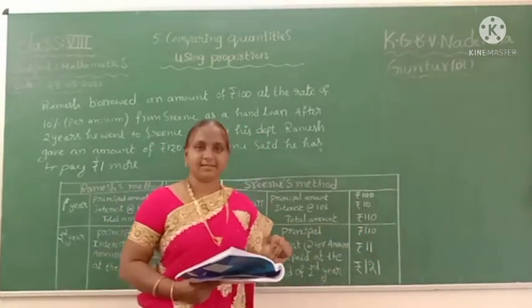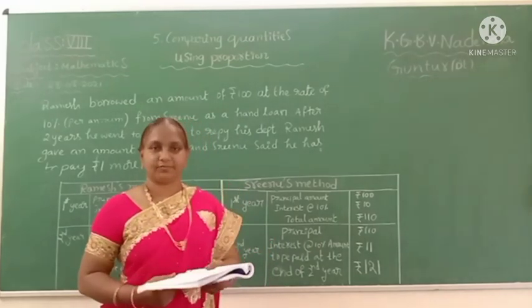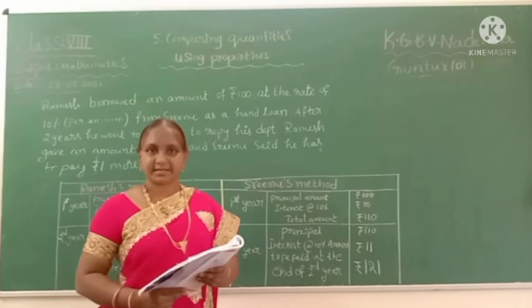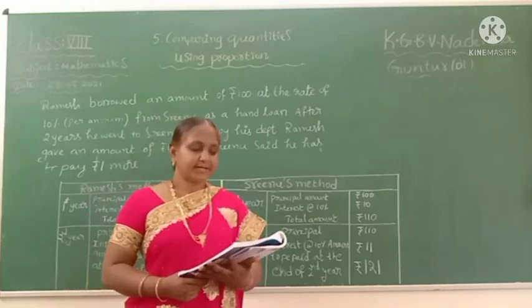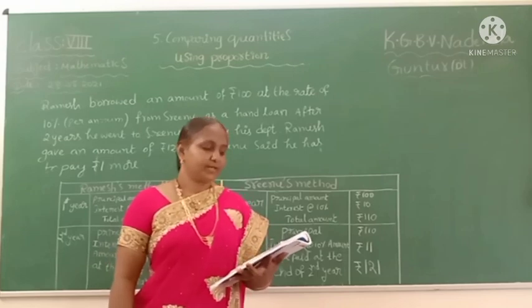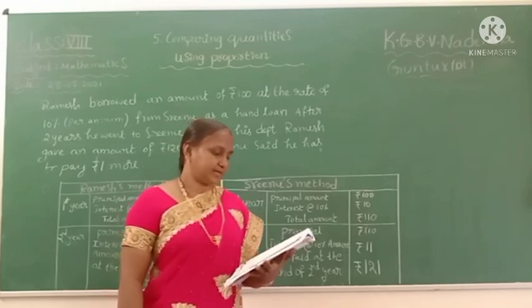This method is called compound interest. Here the interest is calculated on the amount accumulated till then.